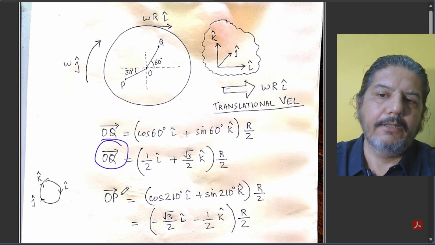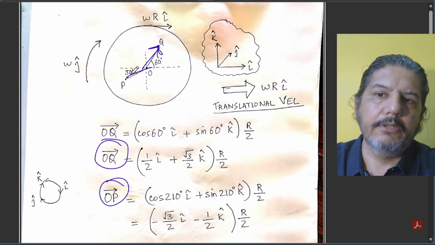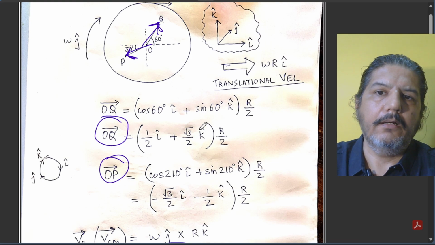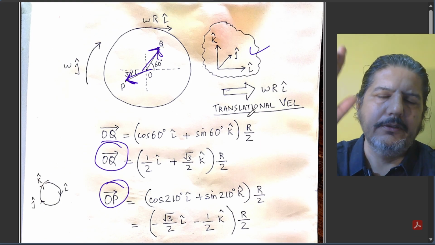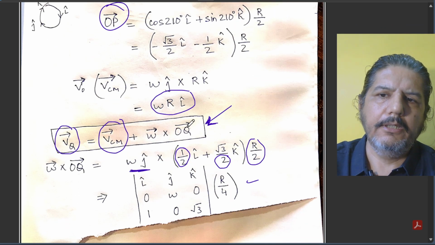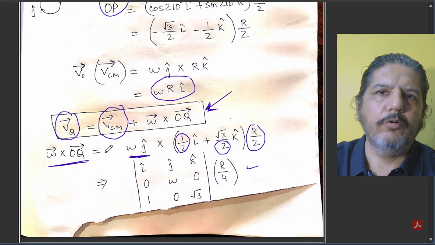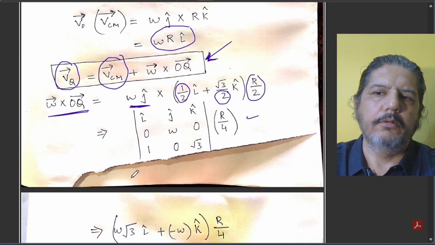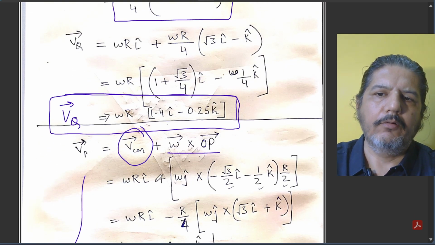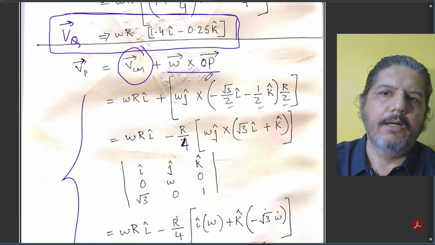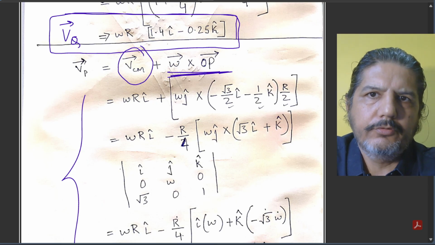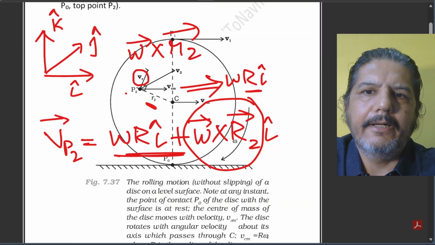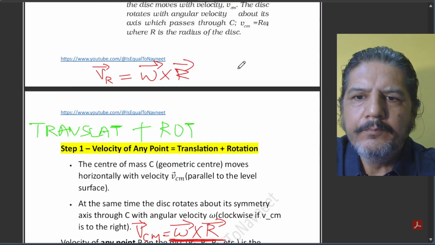I calculated the position vector of OP, and this is how the Cartesian coordinates were defined. Then this is how I calculated the omega cross the position vector. Again, I calculated the omega cross the position vector. So you can have a look at this video also. It will help you a lot. It's a pretty detailed video, very nicely made.